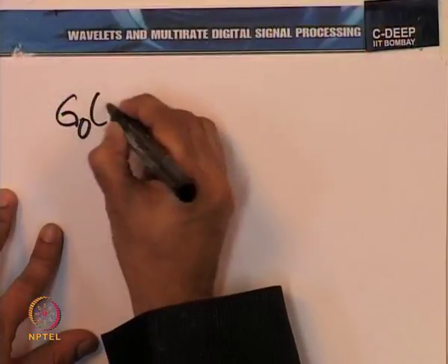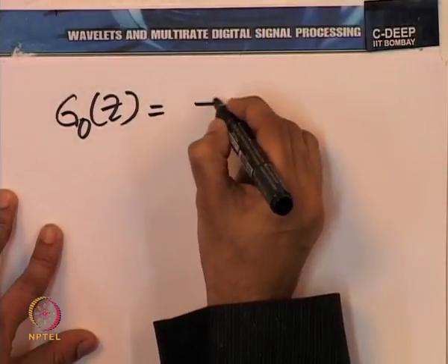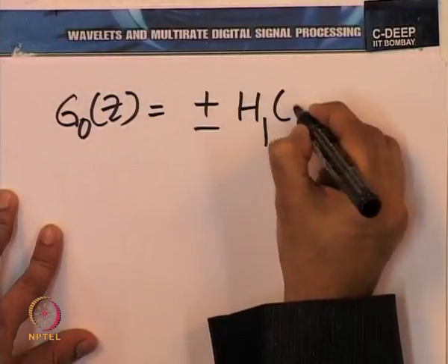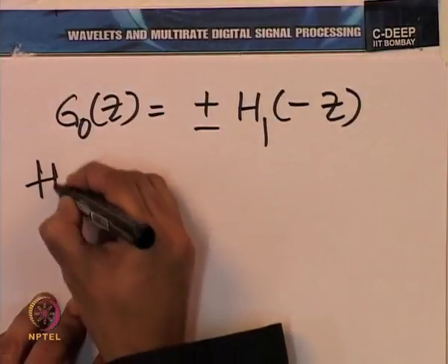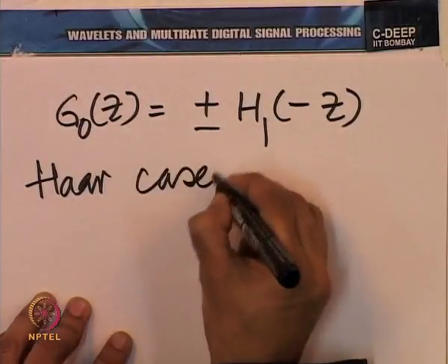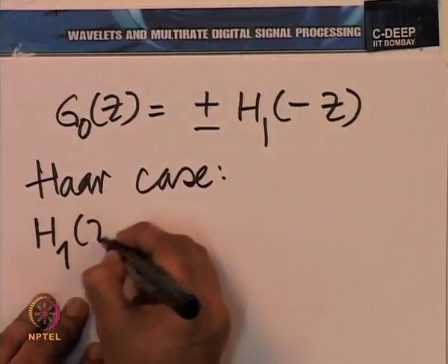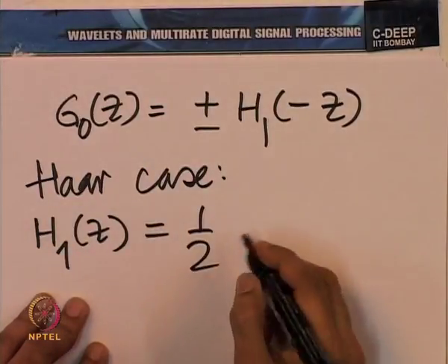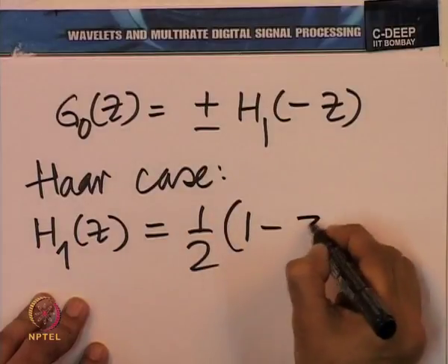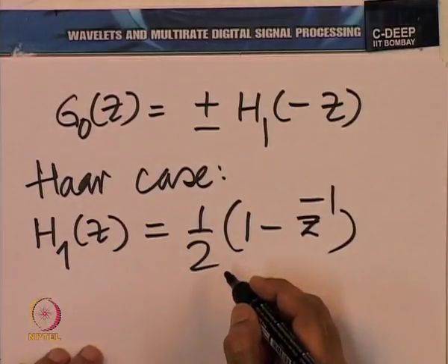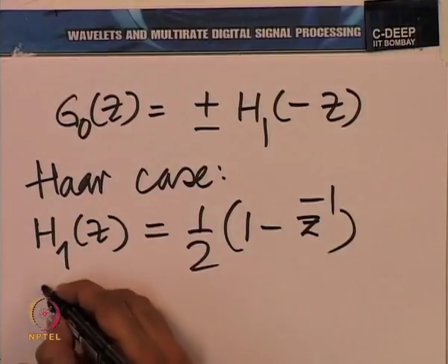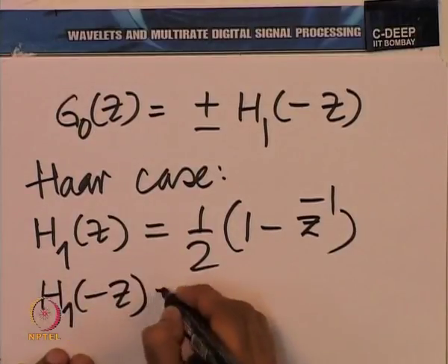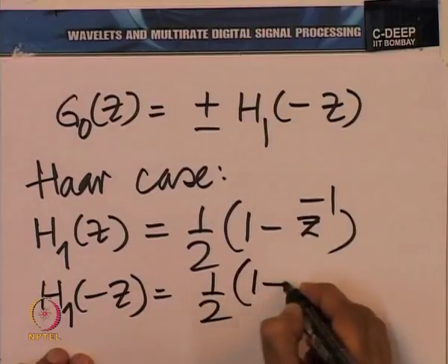So, indeed, we had suggested that the simplest possibility of aliasing cancellation is when G 0 z is either plus or minus h 1 of minus z, and in the Haar case we have h 1 z is essentially half 1 minus z inverse, and therefore, h 1 of minus z would be half 1 plus z inverse.